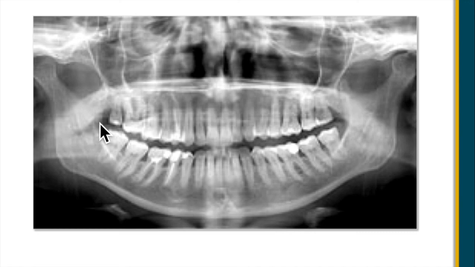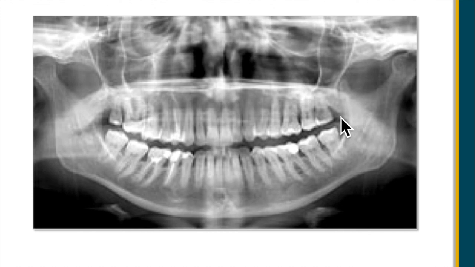One of the few cases you're going to see where all 32 teeth are erupted into the mouth. So tooth number 1, 2, 3, 4, 5, 6, 7, 8, 9, 10, 11, 12, 13, 14, 15, 16. You see how 16 is rotted out. It doesn't look great. Number 1 is undersized.